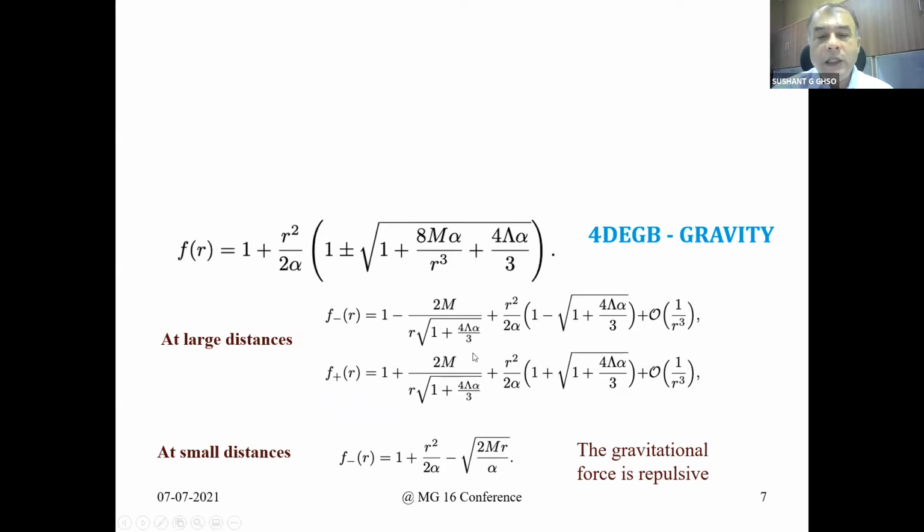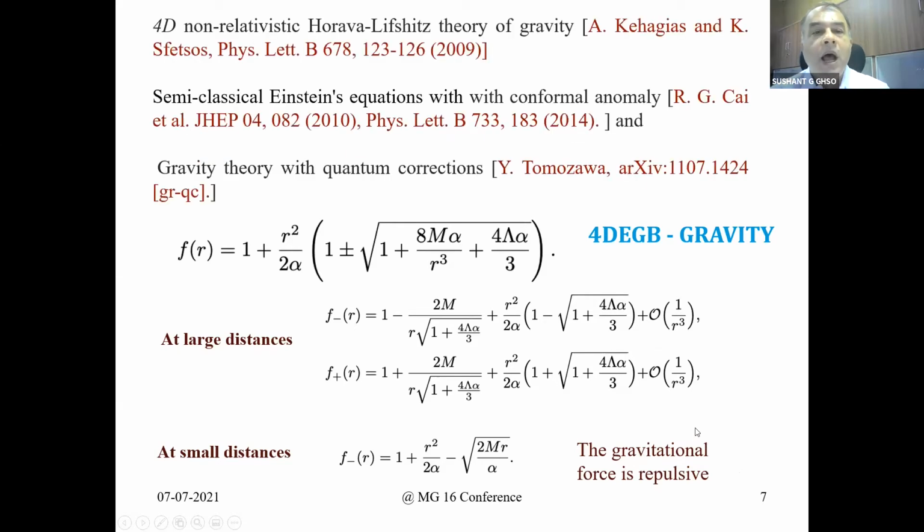The positive branch has negative mass, so it is unphysical. But the important point is that at small distance, the gravitational force is repulsive. That's why they said they could resolve the singularity problem. However, this proposal was originally proposed by Tomozawa back in 2011, right?